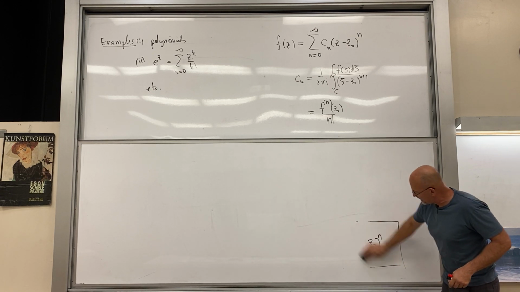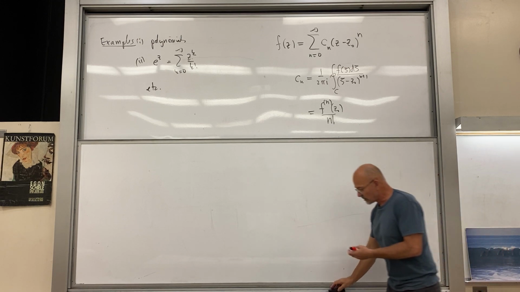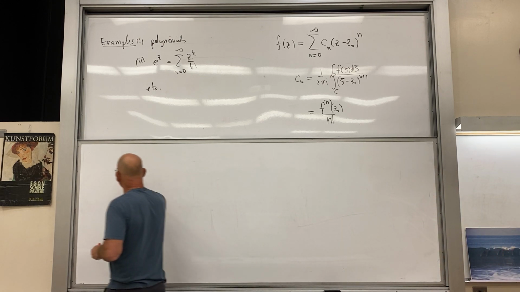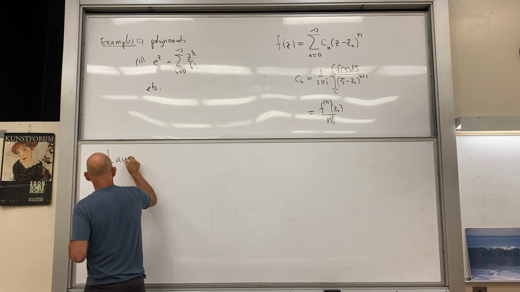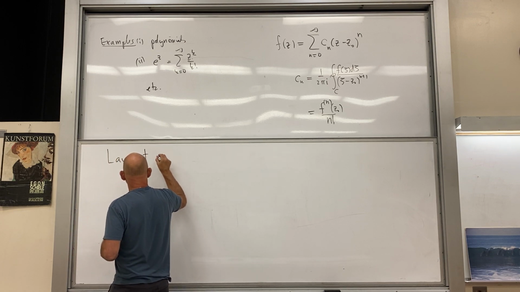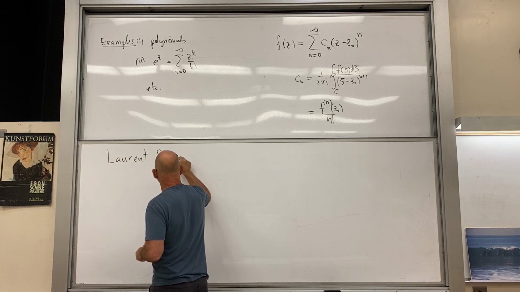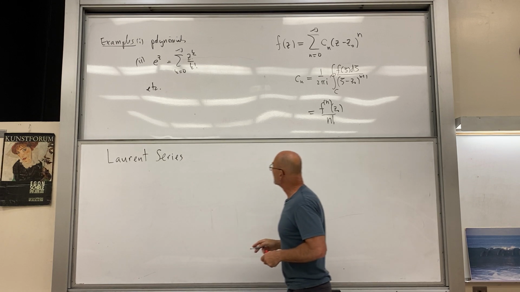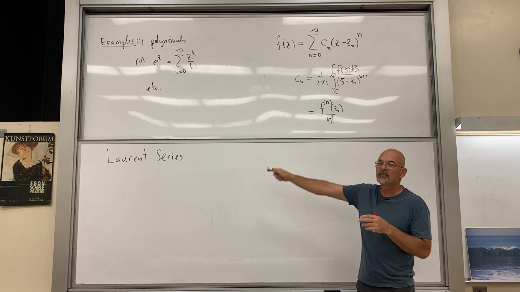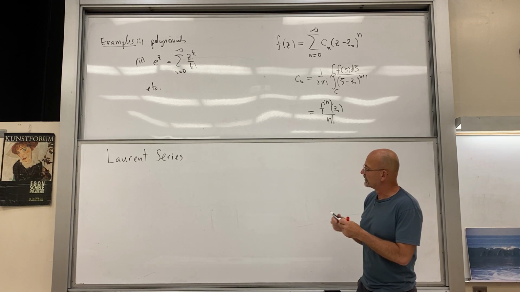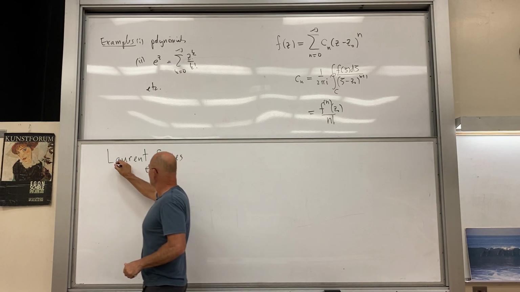This next topic and object that we're about to investigate is called the Laurent series. And then we'll see immediately the Taylor series is a subset of the Laurent series in general.